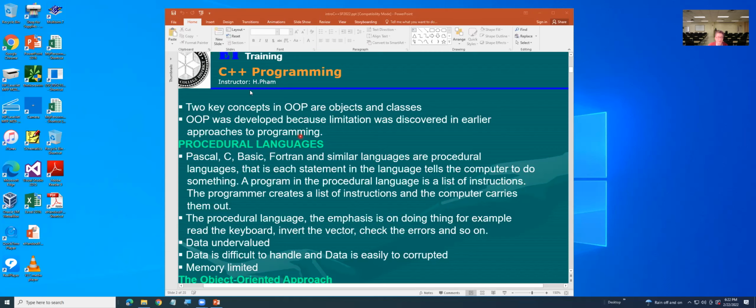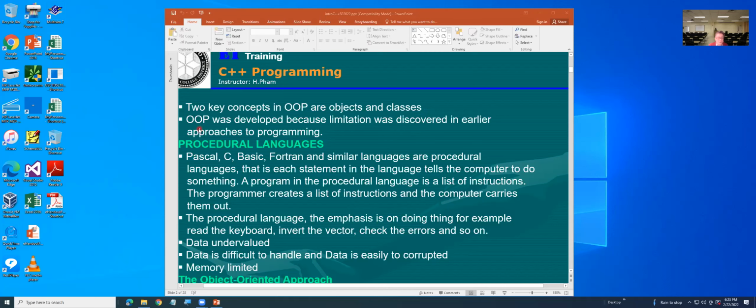Okay, so that's what we call C++ programming. And they say two key concepts: OOP, objects, and classes.